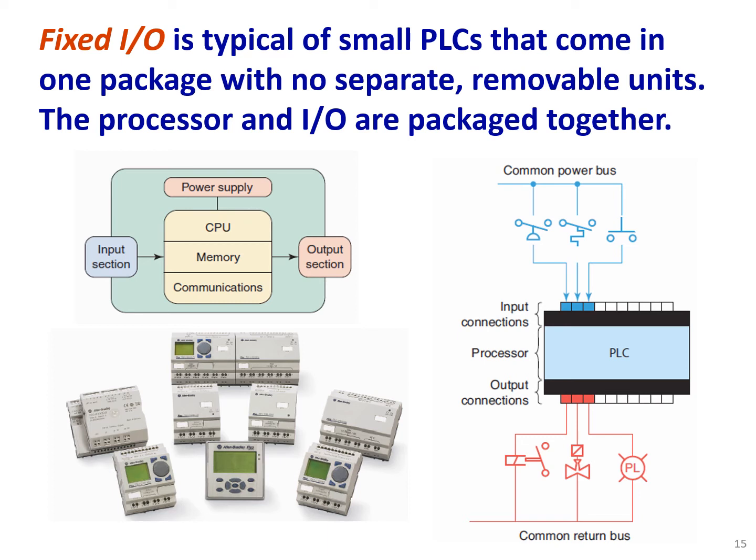So here you could see a variety of fixed I/O CPUs. And here you could see that the CPU and input sections and output sections are all packed into one box. Here you could see one example of how we could connect these types of fixed I/O CPUs to input and output modules.